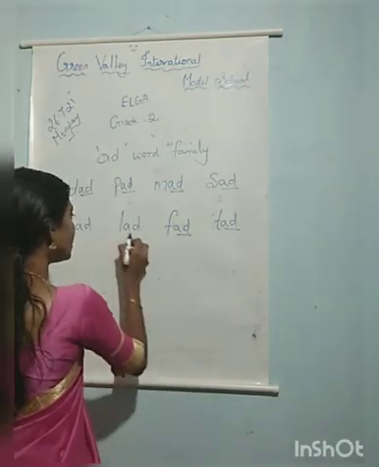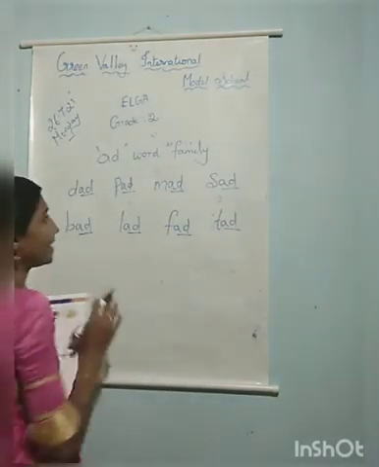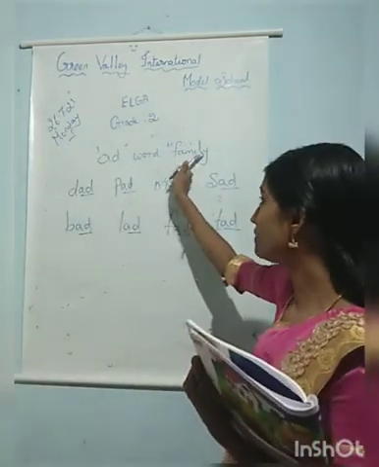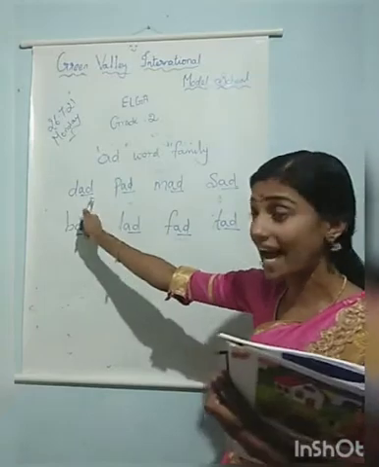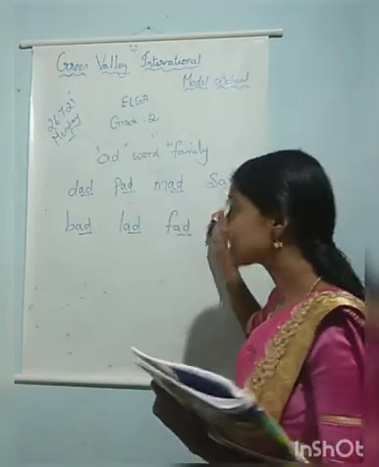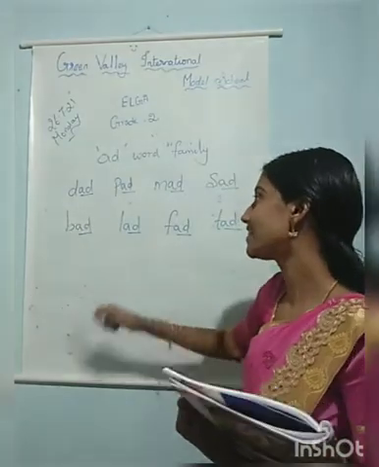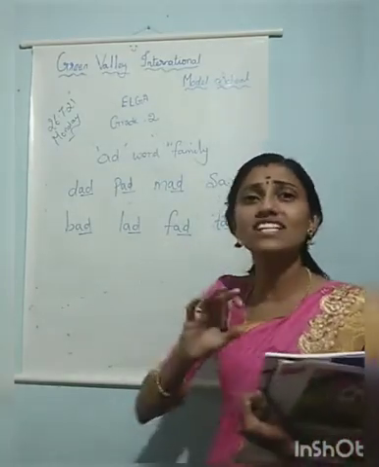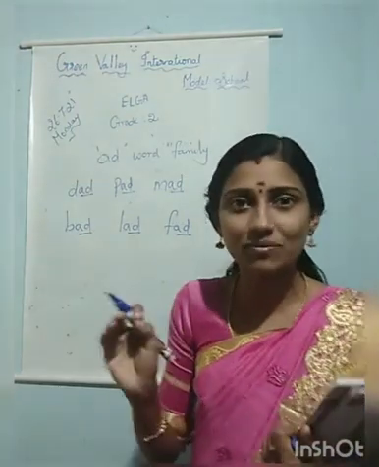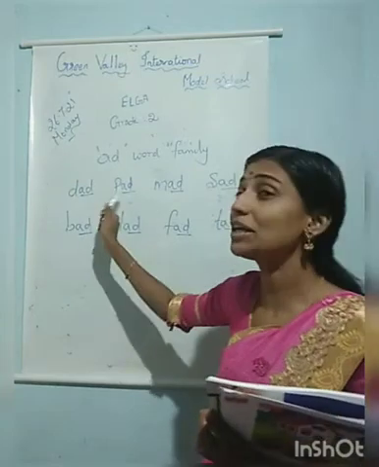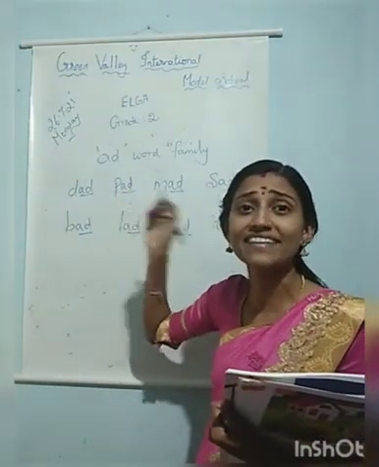Listen, all the words end with AD. Word family AD: dad, pad, mad, sad, bad, lad, fad, tad. These all rhyme, right? They sound the same. Yes or no? Dad, pad, mad, fad, lad, tad.